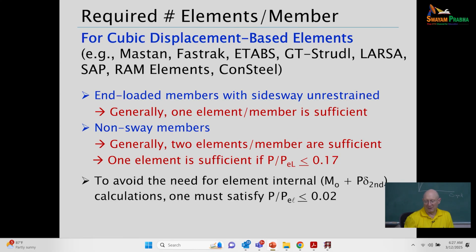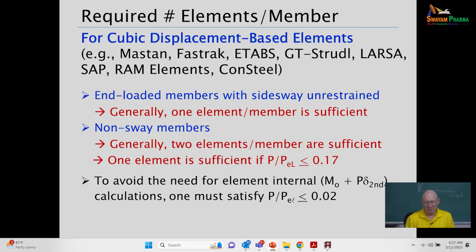Again, the caveat is to avoid the need to do something to capture internal second order moments between the nodes and get an approximation there. Okay, well, we would just use a P over PE script L less than or equal to 0.02. And the same goes with the stability function based element as well.